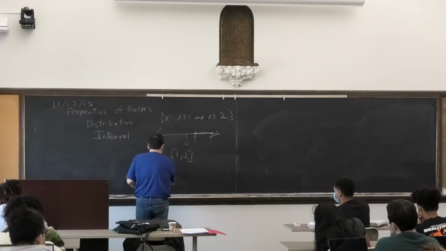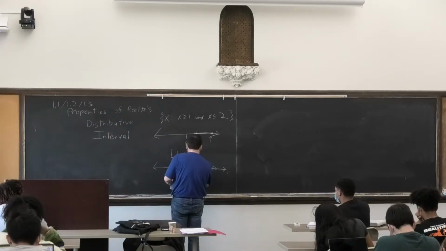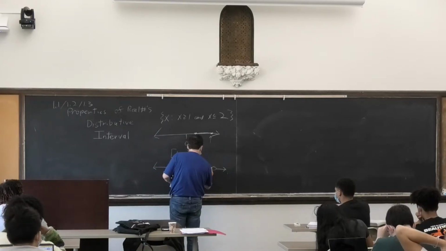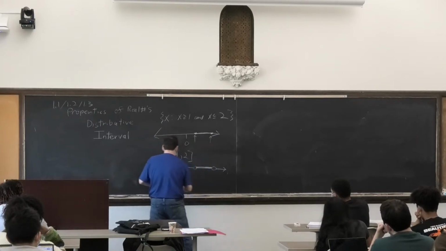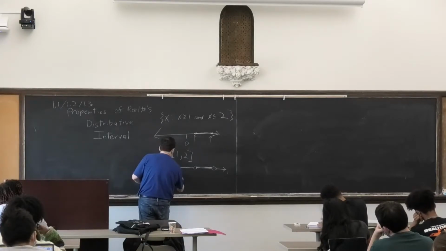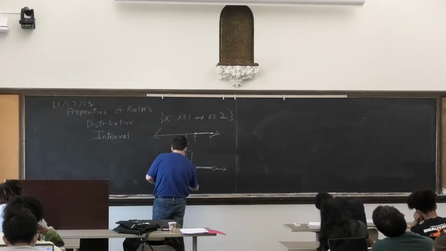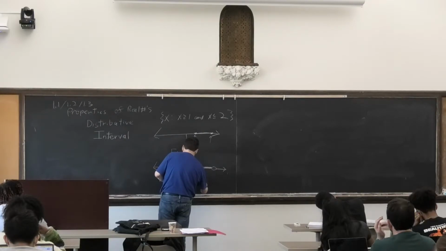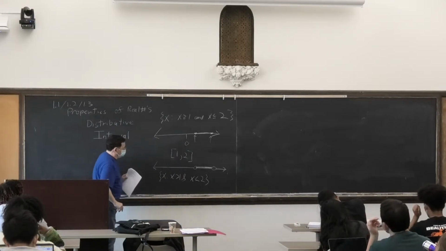If I were to draw the same picture, but with an empty circle here, this means x such that x is greater than 1 and x is less than 2. I'm going to use an at sign for and. This is what we call an open interval.